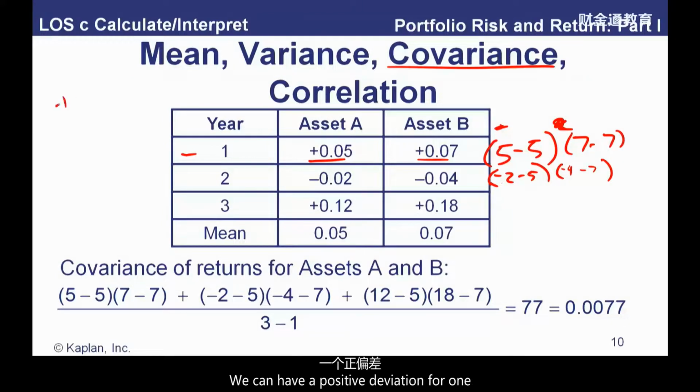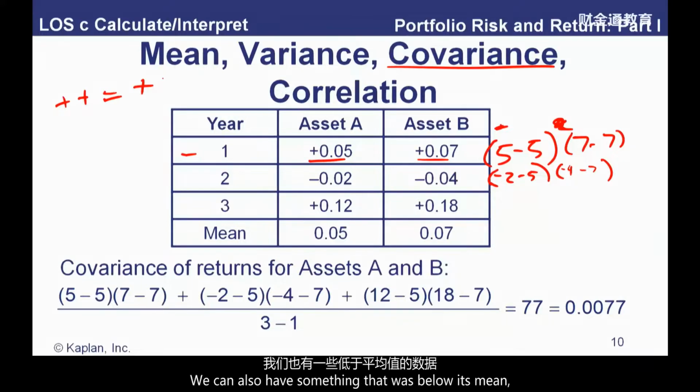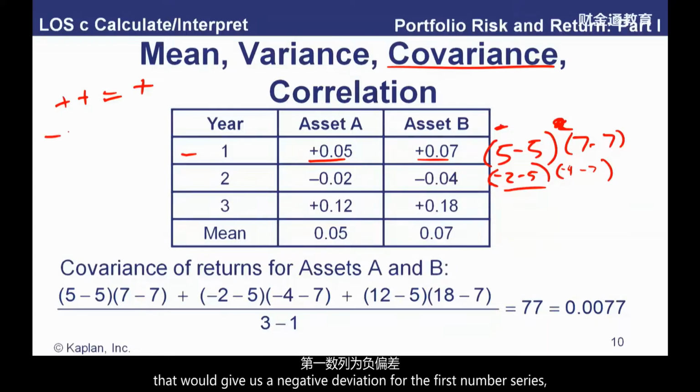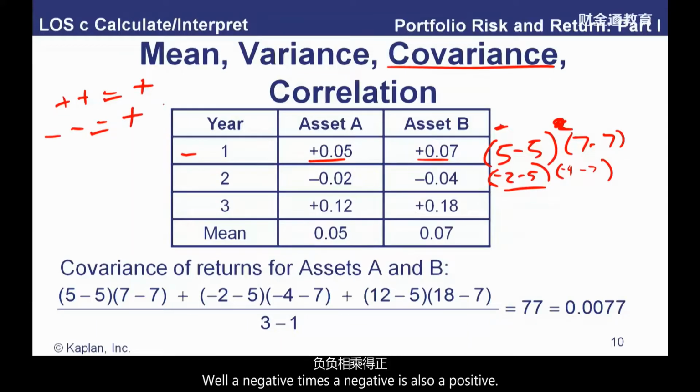We can have a positive deviation for one times a positive deviation for the other. A positive times a positive is going to equal a positive. We could also have something that was below its mean, which would give us a negative deviation for the first number series, multiplied by a negative for the second number series. A negative times a negative is also a positive.